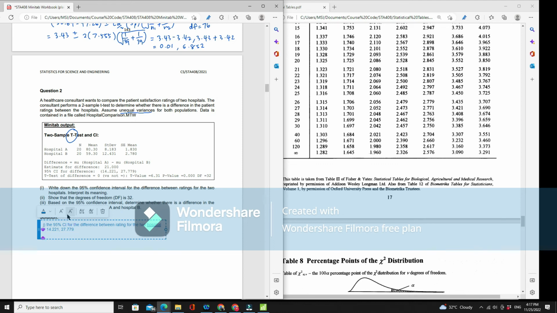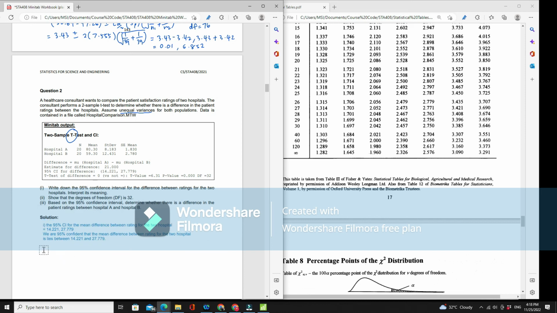Alright, interpret its meaning. We are 95% confident that the mean difference between ratings for the two hospitals lies between 14.221 and 27.779. Right. And show that the degrees of freedom is 32.